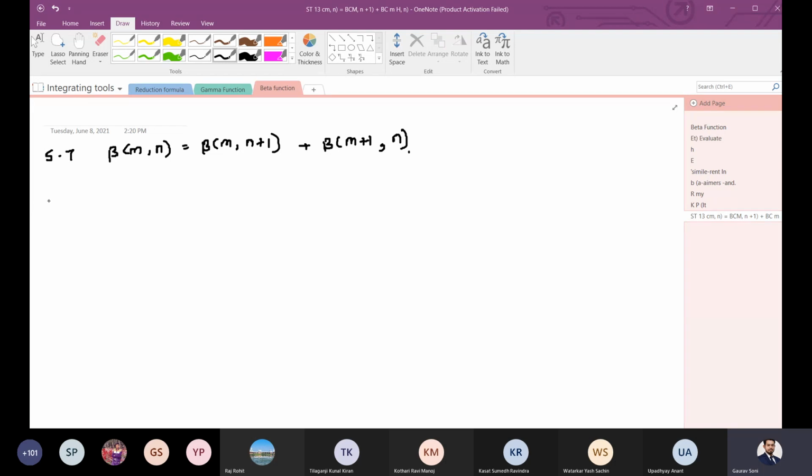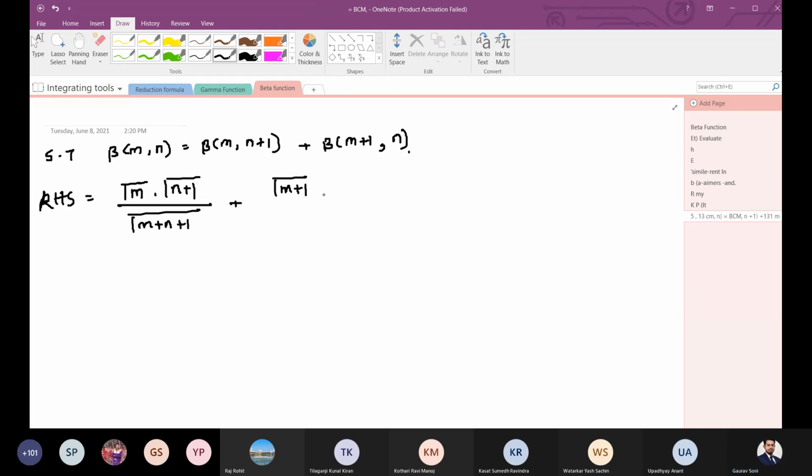So let's consider the RHS and we will come to beta of m comma n. The RHS is beta of m comma n plus 1, which is gamma of m into gamma of n plus 1 upon gamma of m plus n plus 1. This will be plus gamma of m plus 1 into gamma of n upon gamma of m plus n plus 1.